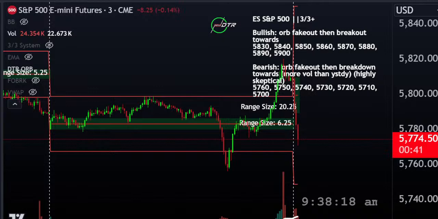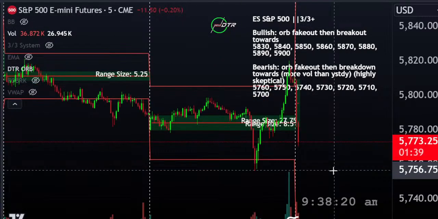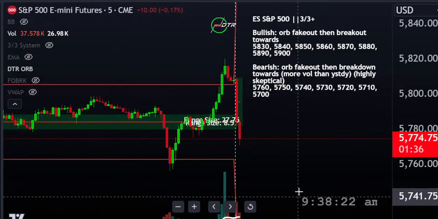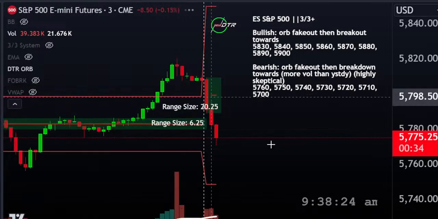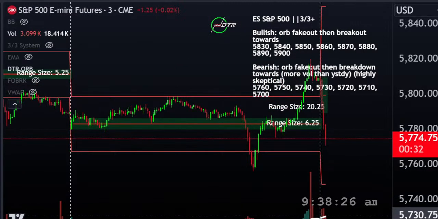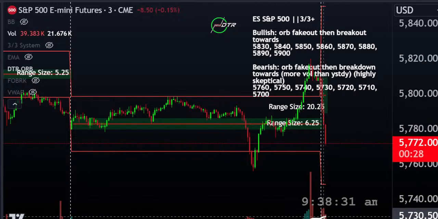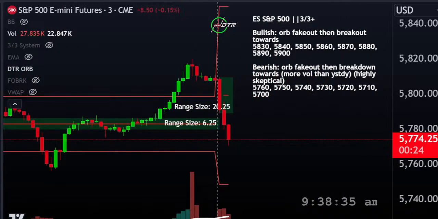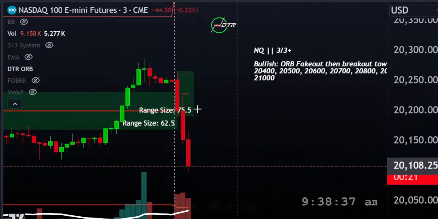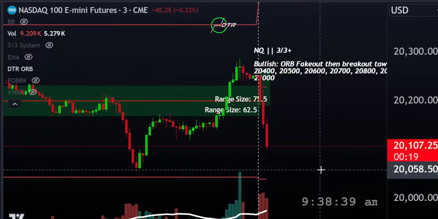So far, pretty aggressive selling pressure. Significantly more volume than what we saw yesterday. So 37 versus 22, and then increasing volume on these next breakdowns. So very, very interesting. Early selling pressure.